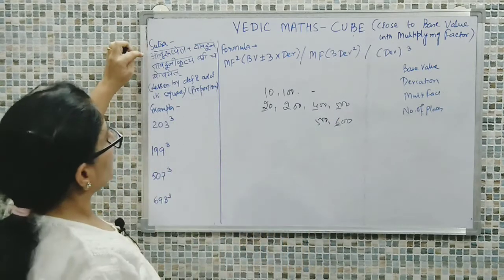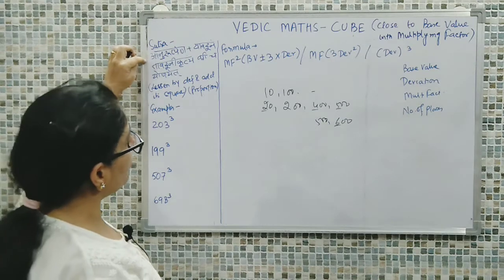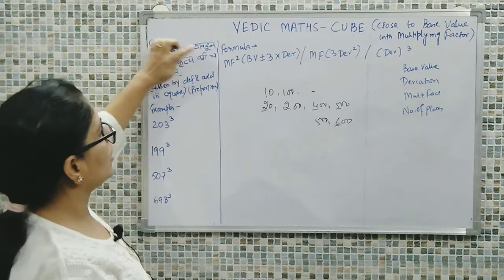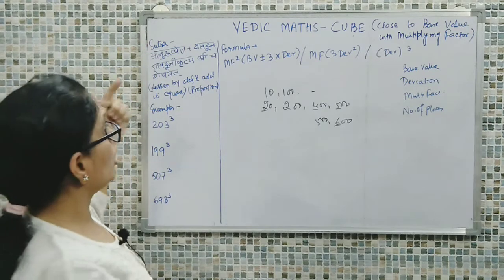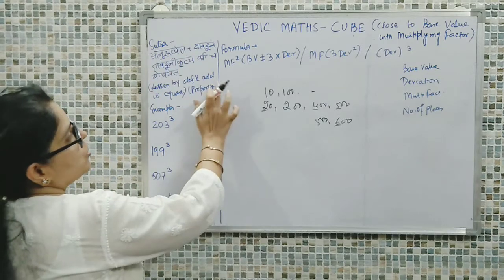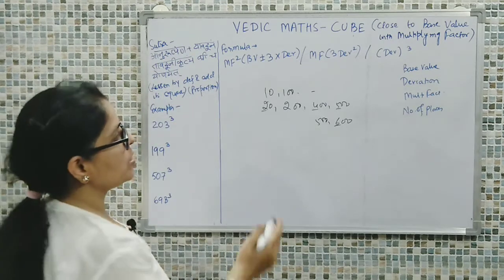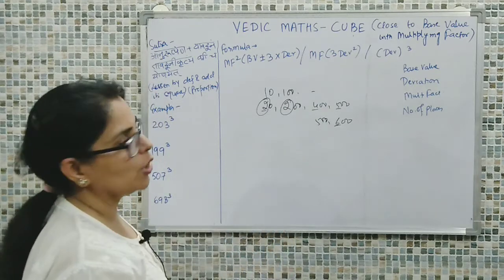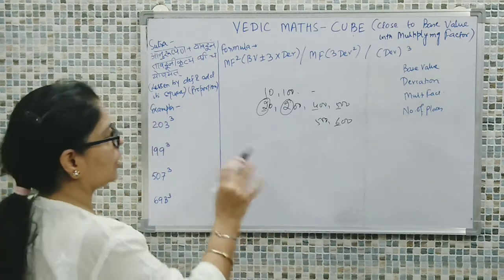The sutra that will be used for the discussion is Anurupena plus Yavadunam Tavaduni Kritya Vargacha Yojiyet. Now coming to the understanding of the sutra, Anurupena means proportionality, because here we are defining a multiplying term, which means there is a ratio in which we have to consider the calculation.